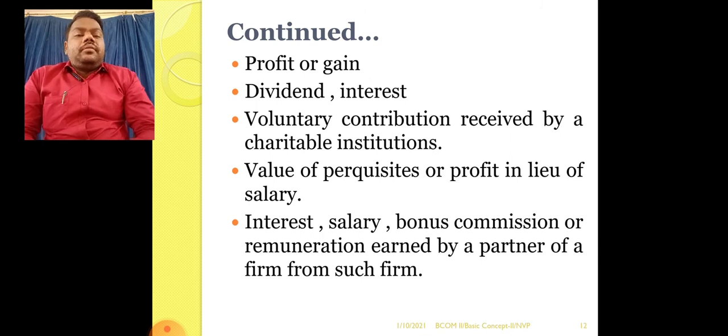profit or gain, dividend, interest, voluntary contribution received by a charitable institution, value of perquisites or profit in lieu of salary, interest, salary, bonus, commission, or remuneration earned by a partner of a firm from such firm.